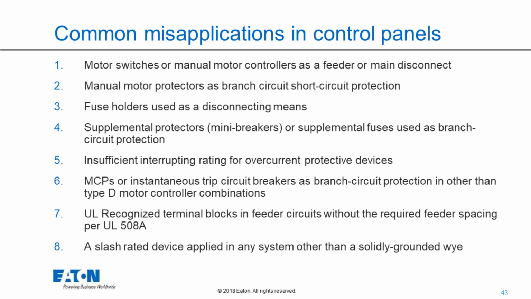Insufficient overcurrent protection devices. This is a misapplication pretty much all over the place in our industry at times. Motor circuit protectors or instantaneous trip breakers used as branch circuit protection in other than type D motor controller combinations.